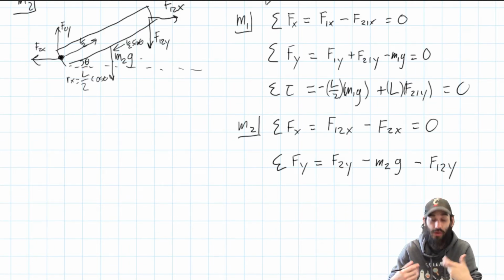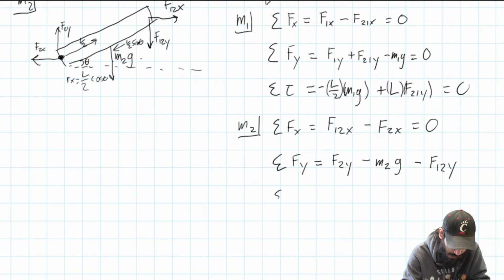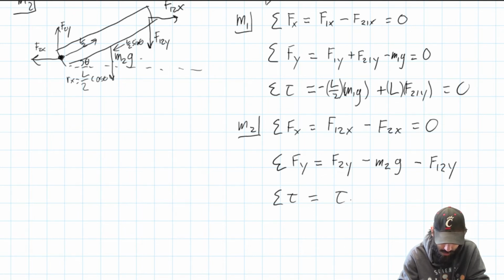So now we want to sum our torques. So we're going to write the sum of the torque is going to be equal to, and let's write this term by term here because I'm going to do this in a special way to show you that these two definitions of the cross product are the same. So this is going to be the torque from M2 plus the torque from F12y plus the torque from F12 in x, right?